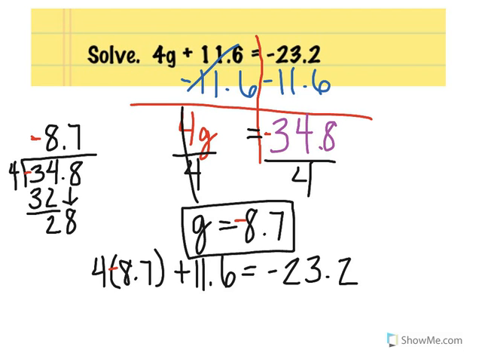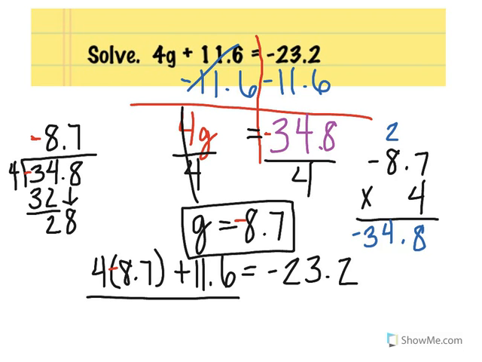Okay, so checking my answer, I do need to stick to the order of operations we know. So on this side, I need to multiply first. So I have 4 times negative 8.7, which is negative 34.8, plus 11.6.